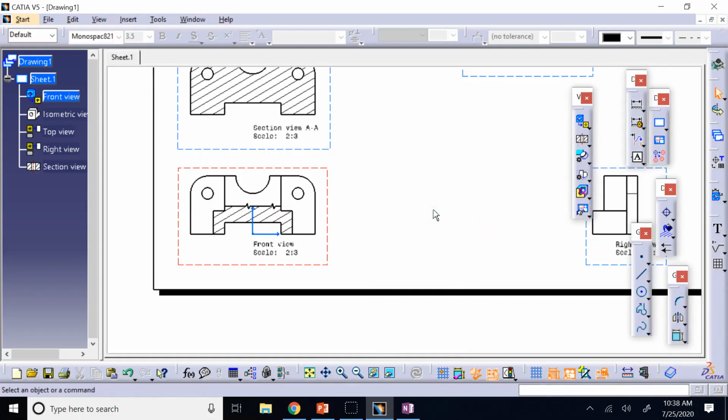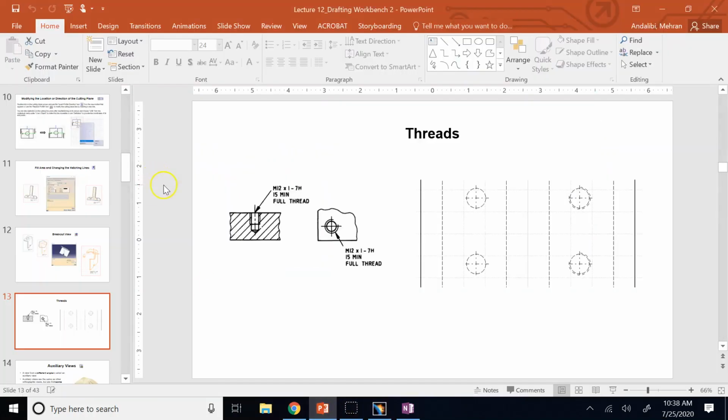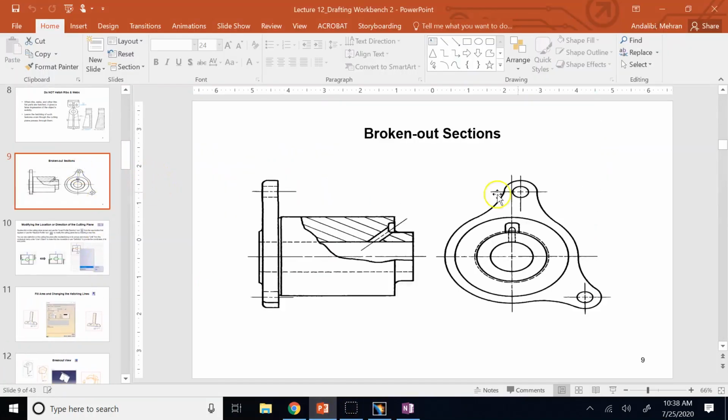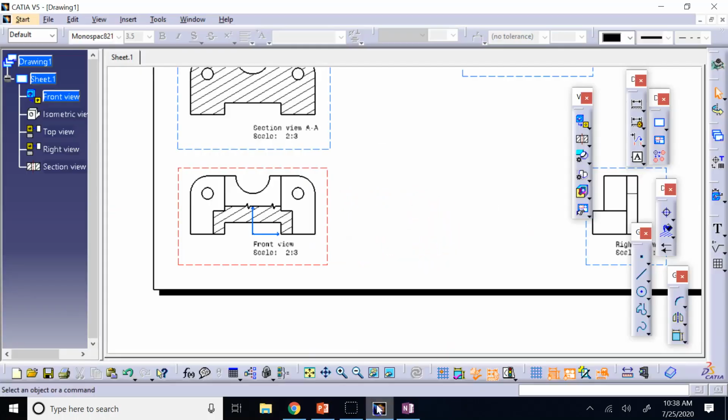So apparently it allows cutting a 2D view as well. Deal with it as a 3D view, and the reason I did that is because for this breakout section there is no command in CATIA. Okay, so there is no specific command that you can do a local section like this directly, so we have to take advantage of the breakout view.